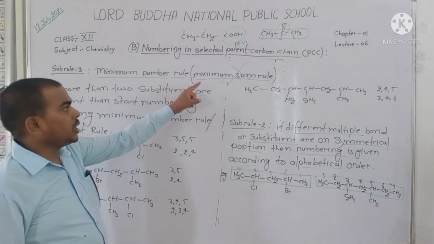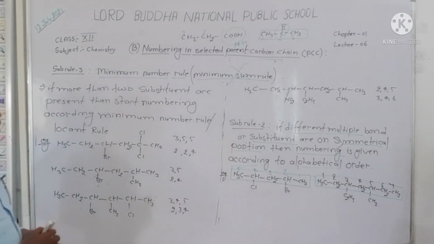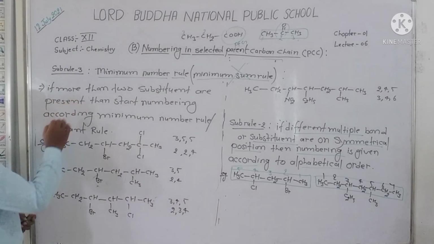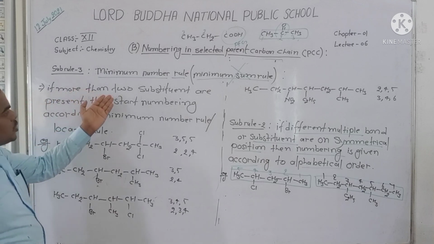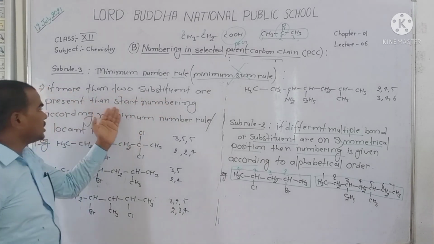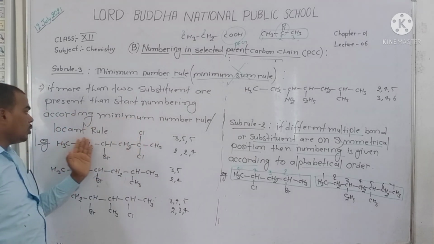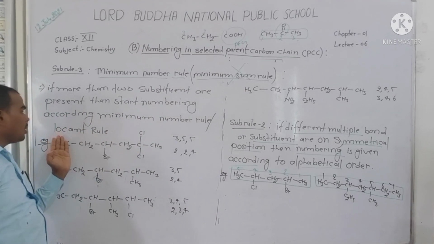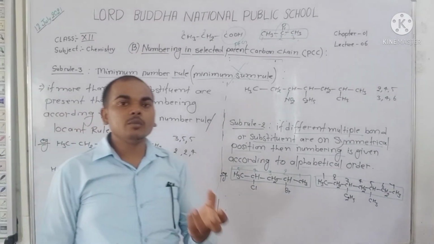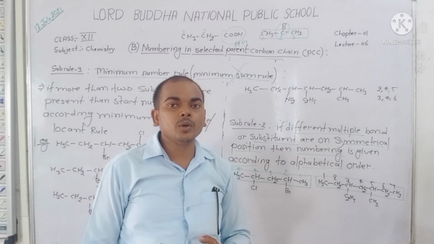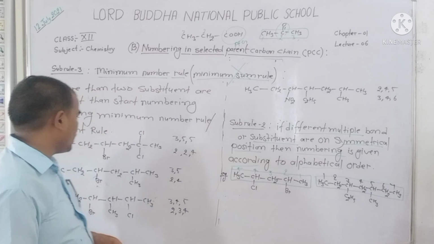Don't say minimum sum rule, only minimum number rule. According to the minimum number rule, if more than two substituents are present, then start numbering according to the minimum number rule, or minimum locant rule. What is the minimum number rule? How to apply it? For this, observe some examples given here.